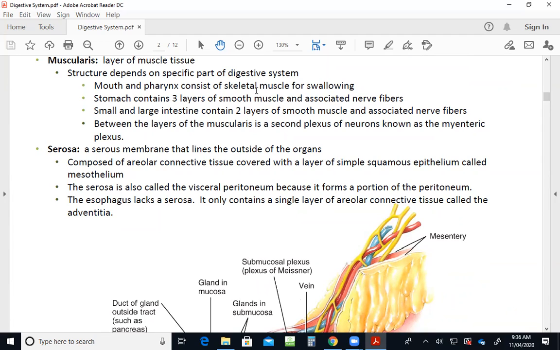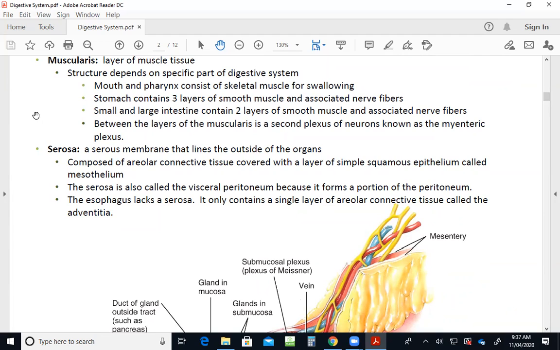What do we know about skeletal muscle compared to smooth muscle, which is what you have the rest of the tract? Skeletal muscle works in a voluntary manner, which means that we have conscious control over it, and we can purposely swallow that food, pushing that food from our mouth into our throat. But do we have to control the rest of the movement of that food? No, because from there on out, it's all smooth muscle, which is involuntarily controlled.